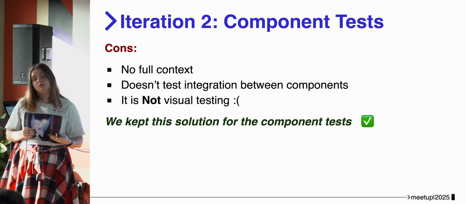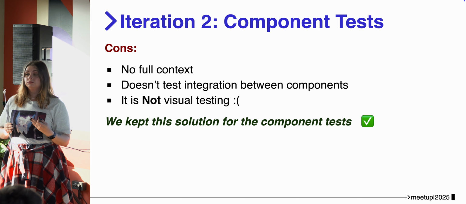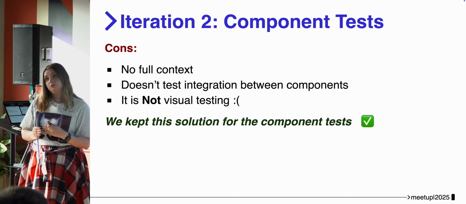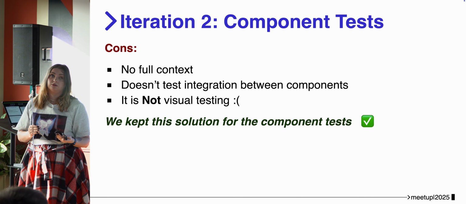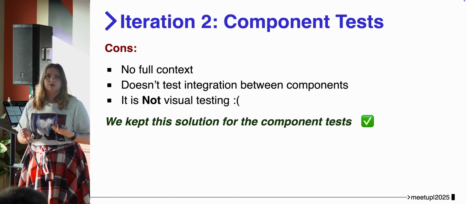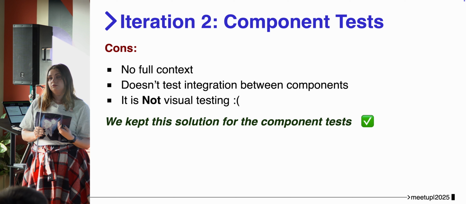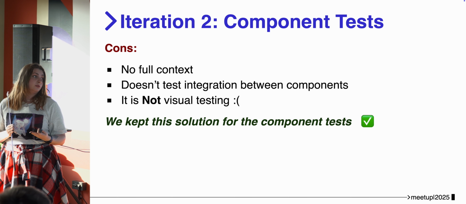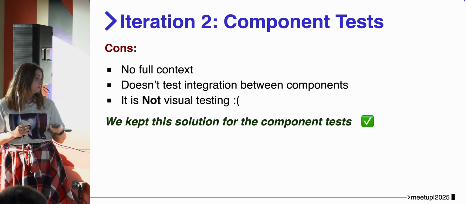I can explain with an example. If you want to test a button using a component test, of course, you can check that the button has different states, like disabled, and that the button can be clickable, but you can't check some UI things like color, size, and other UI things.